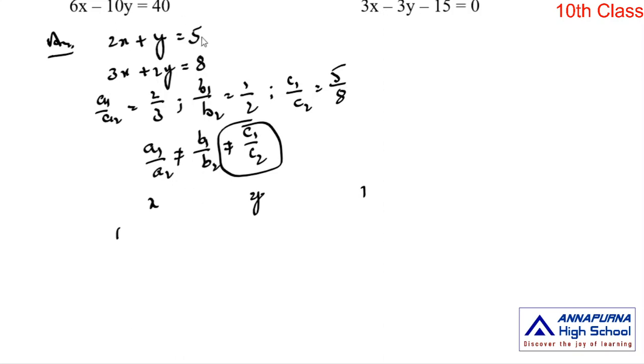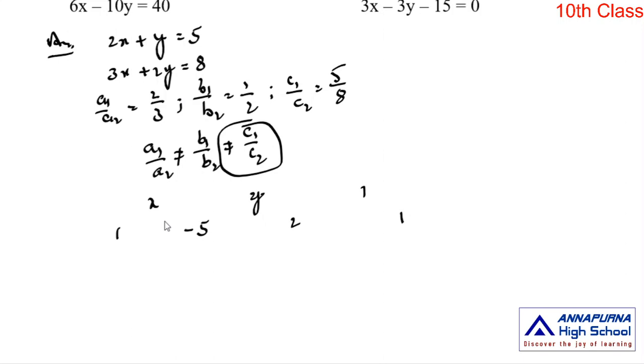Here the constant is on the right side, but in cross multiplication we must present that constant on the left side. So when you transpose this 5 to the left side, it changes to minus 5. This is most important. When you apply cross multiplication, all terms must be on the left side only. The right side we make completely 0. So first the y coefficient, then the constant, then the x coefficient 2 and again the y coefficient. This is the order of the coefficients in the first equation.